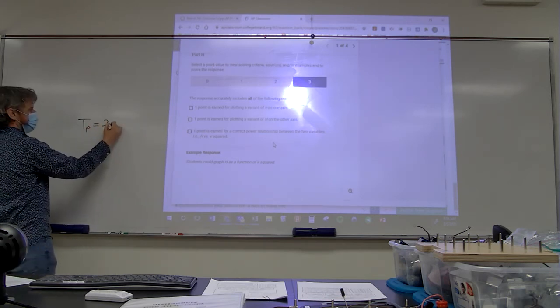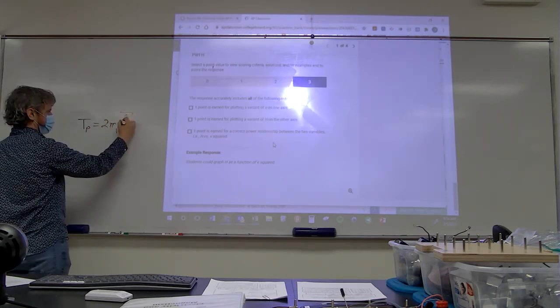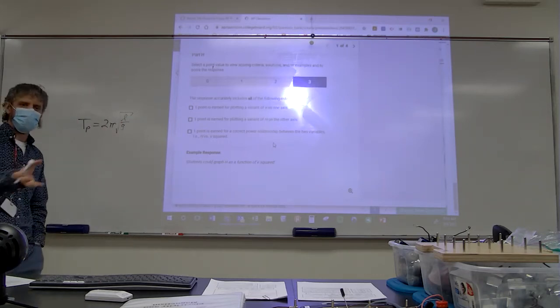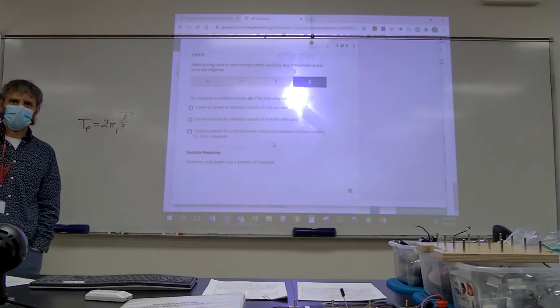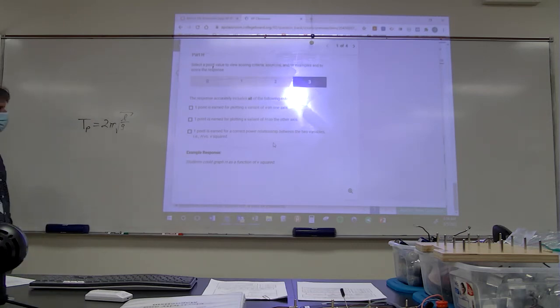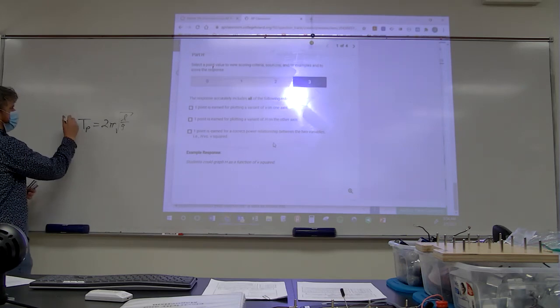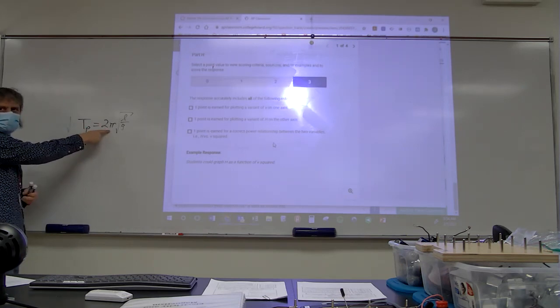And the equation for that is 2 pi times the square root of L over G. So the masses involved don't matter. The amplitude that's related to the speed isn't going to matter as long as it's less than about 15 degrees. The only thing that dictates the period, which these graphs indicate, is the length. And so group 2 has a smaller period. 2 pi tends to not change too much.